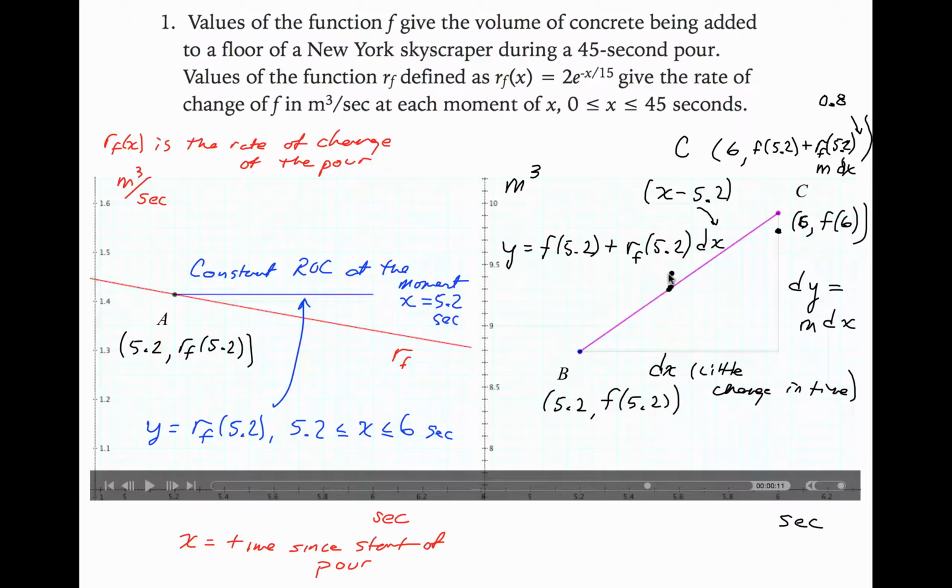And so that would represent all correspondence points, x comma y, on this segment, where the y value is how much concrete has been poured according to this constant rate of change at the moment, 5.2 seconds, starting from 5.2 seconds.